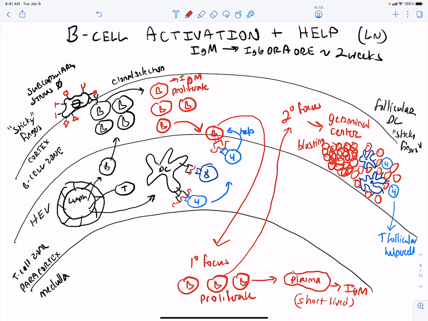And from this light zone, you're going to get your B cells that switch and now make IgG, for example. And these can go to memory, or they can go to long-lived plasma cell.